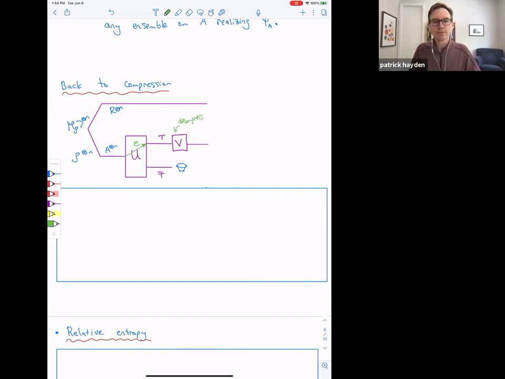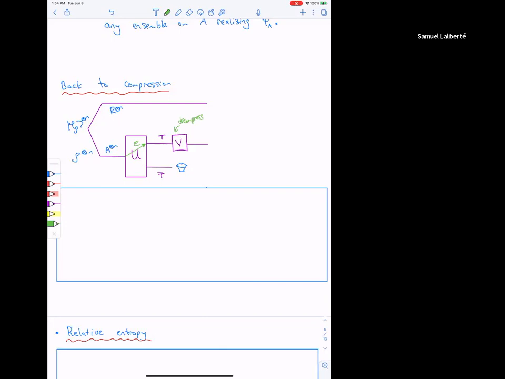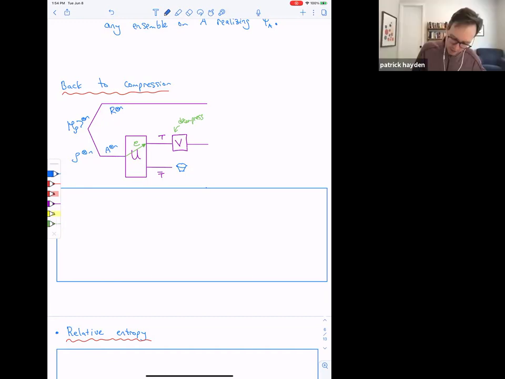Actually, it's not even just a channel. It's something simpler. It's morally unitary, but it can expand the dimension. So it's just a matrix that preserves inner products. Let's call the quantum state that comes out sigma. So it's going to be sigma on n copies of the reference and n copies of A.